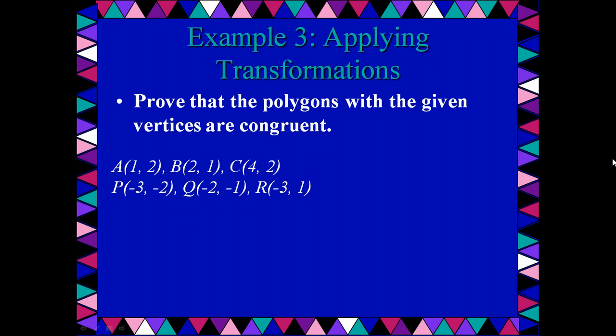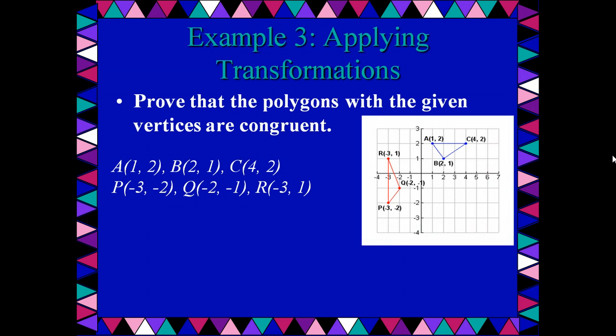Let's prove that the polygons with the given vertices are congruent. So we put them on the coordinate plane first, and we want to see, are they congruent? Do they look congruent?